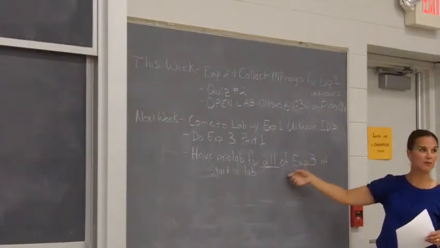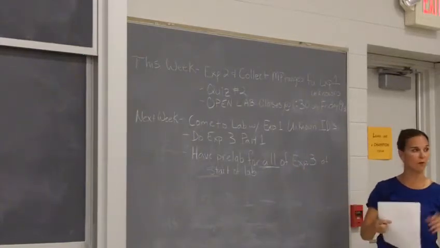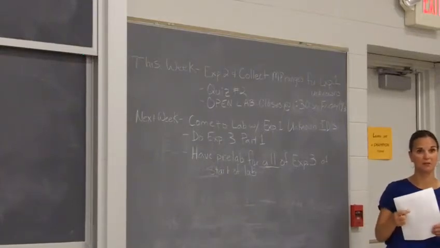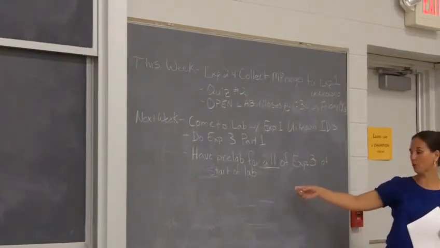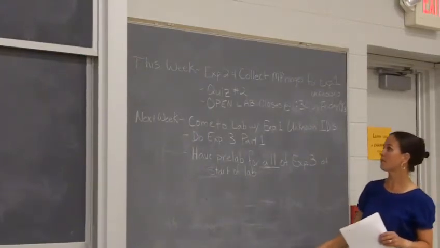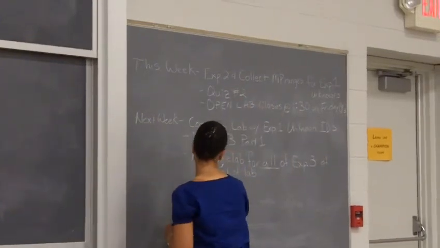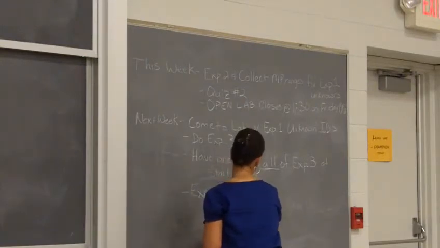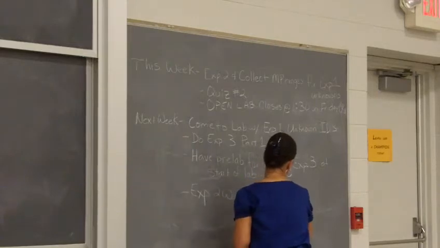What that means as far as the pre-lab is for next week's lab, you want all of the pre-lab for experiment 3 completed in your notebook before you come to lab next week. So that's part of your homework assignment for this week. The other thing is next week, your experiment 2 worksheets are due, which you will pretty much complete mostly in lab this week.